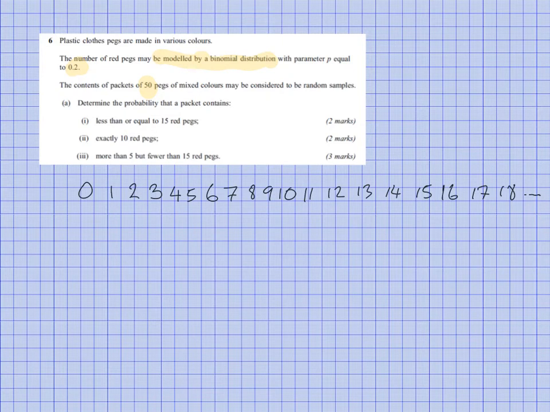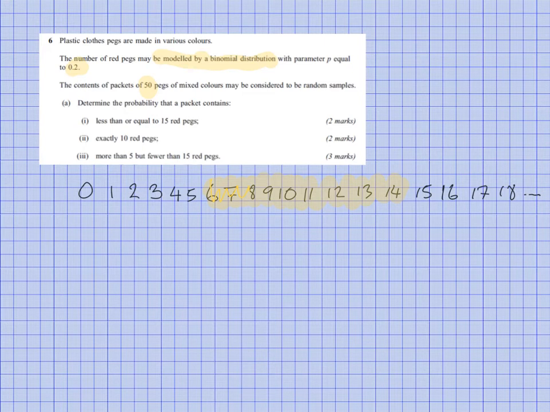So I've written out numbers of possible pegs. We want to get all of the numbers which are more than 5 and less than 15. So that's all the way from there to there. So 6, 7, 8, 9, 10, 11, 12, 13, 14.